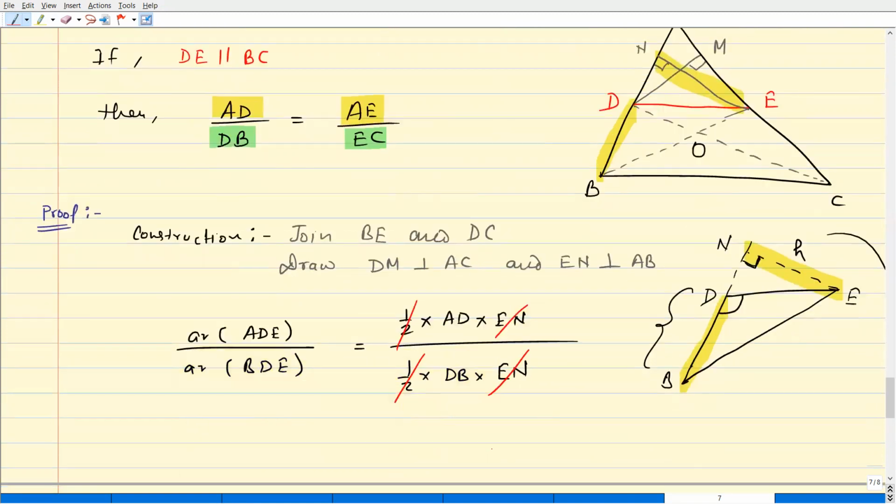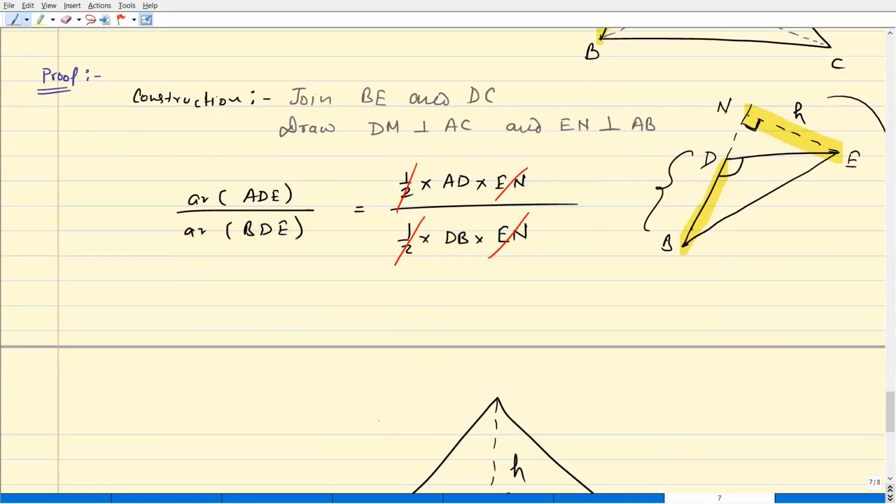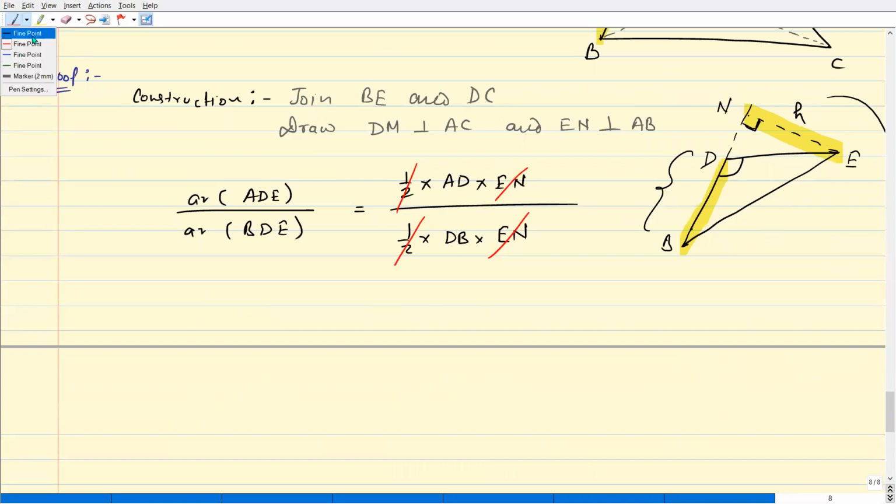So they'll get cancelled, right? And I will be able to write this thing that area of triangle ADE by area of triangle BDE is equal to nothing but AD by DB.